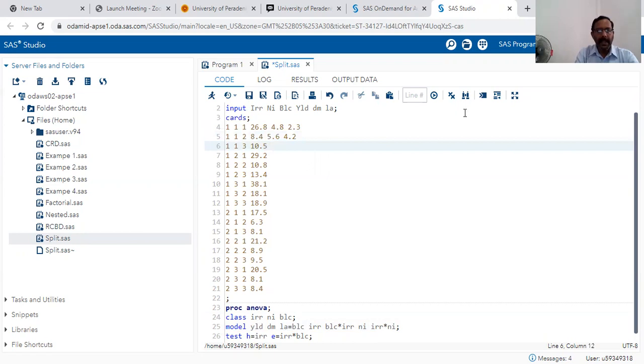I don't know what the actual values are. I'm just playing with some data. You can enter different data.